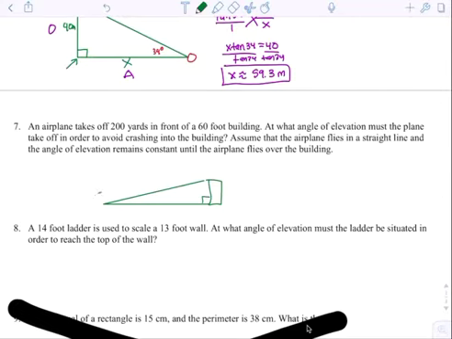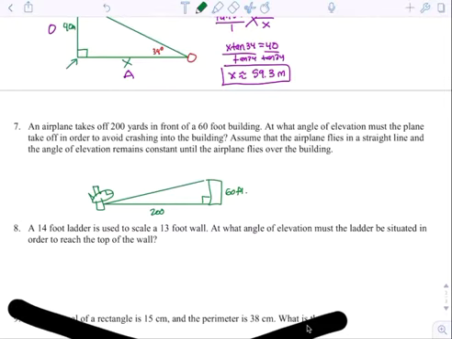And the airplane is taking off. So the building is 60 feet, and it's 200 yards in front of a 60-foot building. Okay, so this one we're dealing with yards and feet, right?